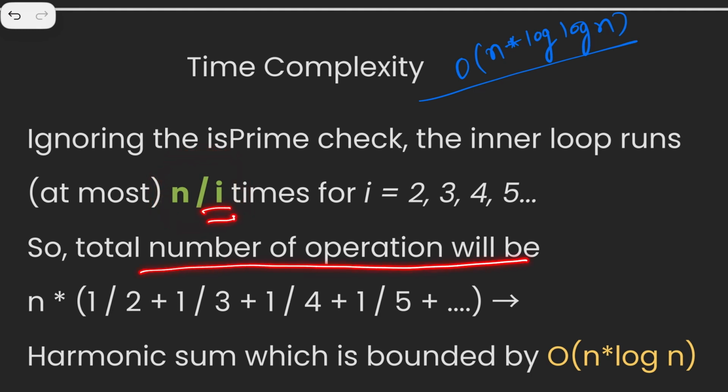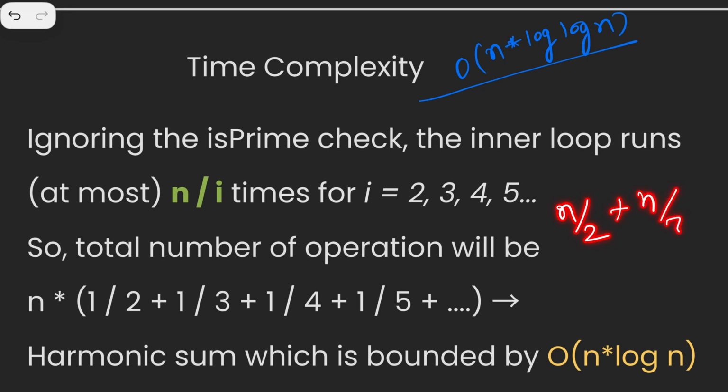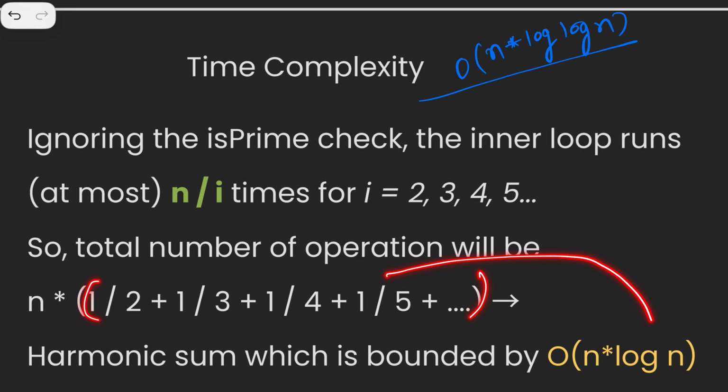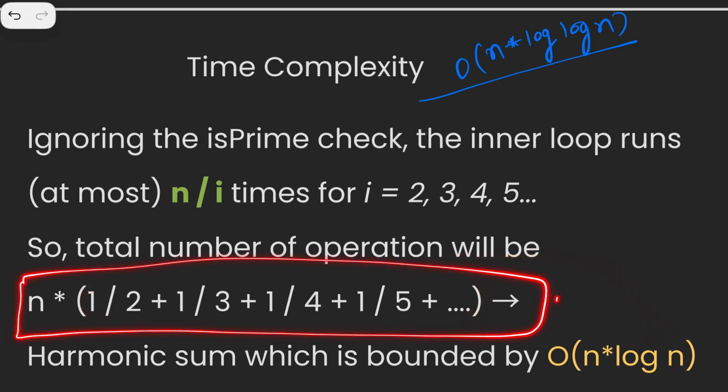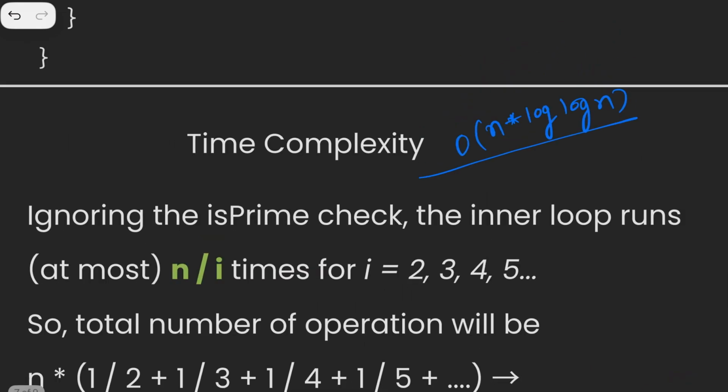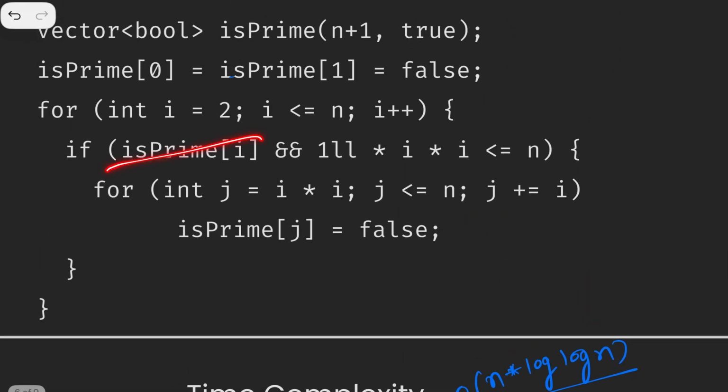So the total number of operations will be n by 2 for 2 plus n by 3 for 3 plus n by 4 for 4, like that, right? We can take n as common and we have something like this. Now we know 1 by 2, 1 by 3, all this is bounded by log n. So the entire thing will be bounded by n log n. So when we remove this isPrime check altogether, removing this if condition, we get the time complexity of n into log n.